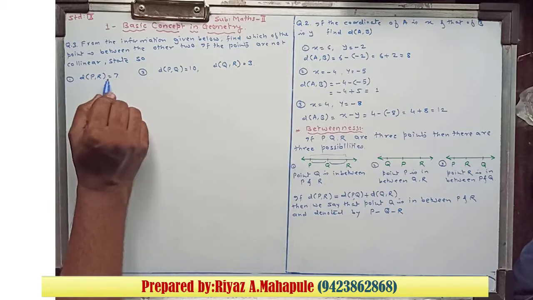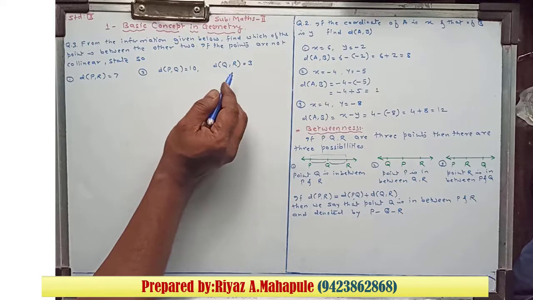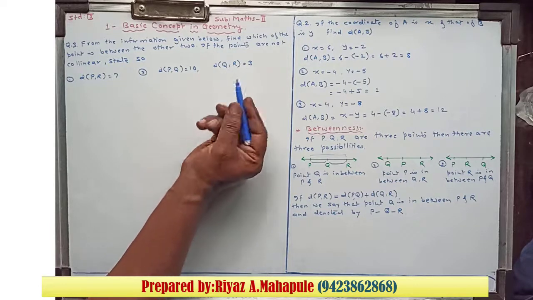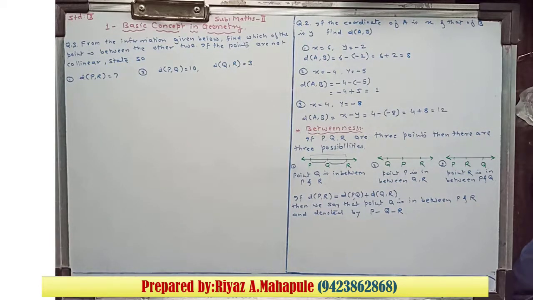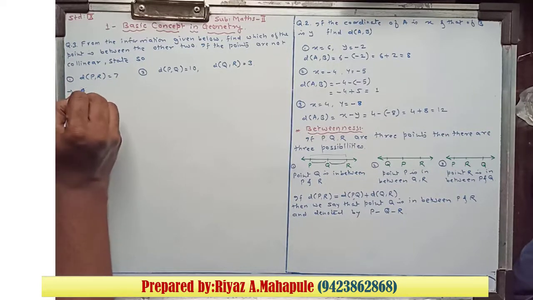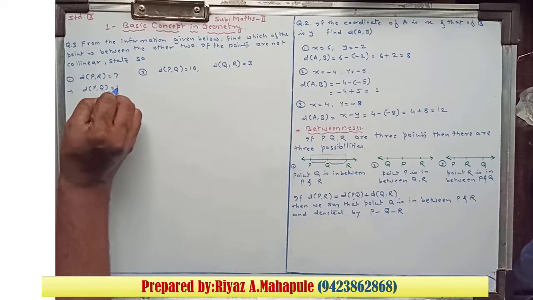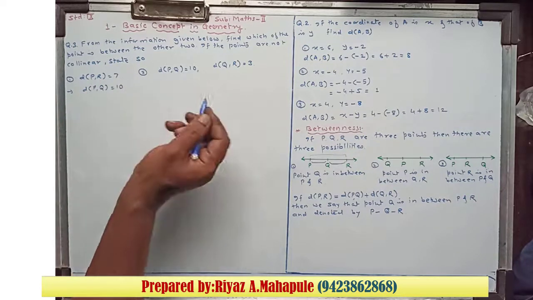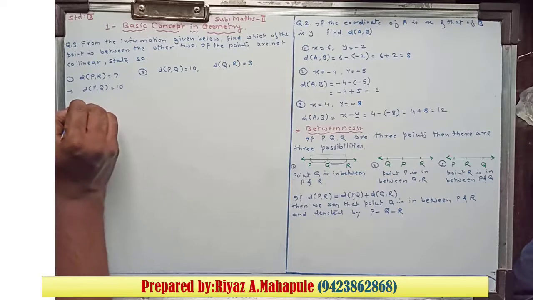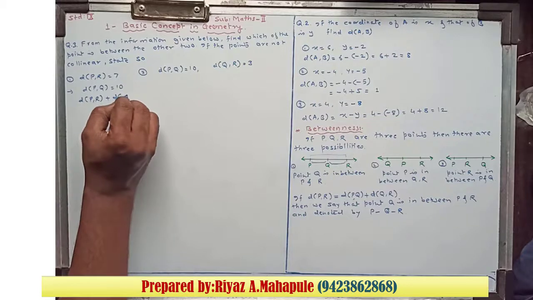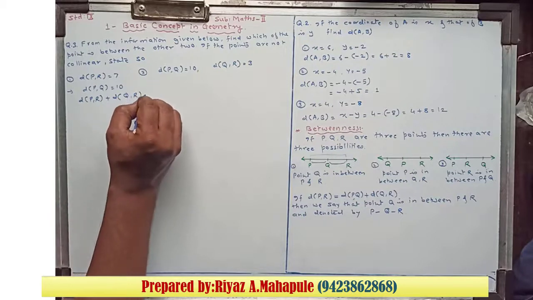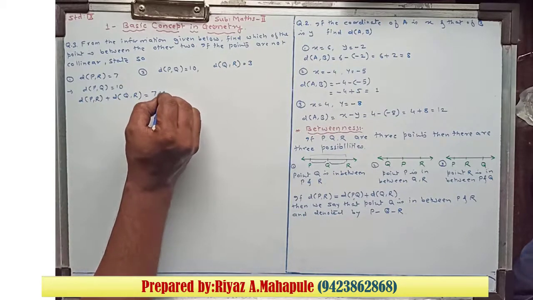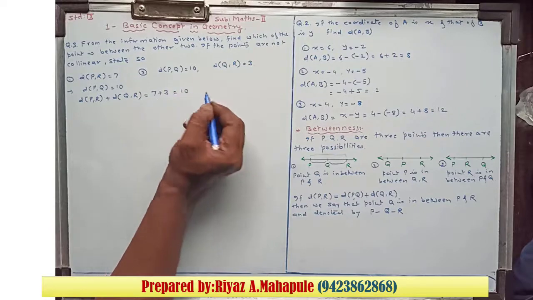So first, distance PR is equal to 7, distance PQ is equal to 10 and distance QR is equal to 3. So what will we do in this? The greater distance we write first in the solution. So the greater distance is distance PQ, so here we write distance PQ is equal to 10. Then find the addition of the remaining two distances, that is distance PR plus distance QR, which is equal to 7 plus 3, that is equal to 10.